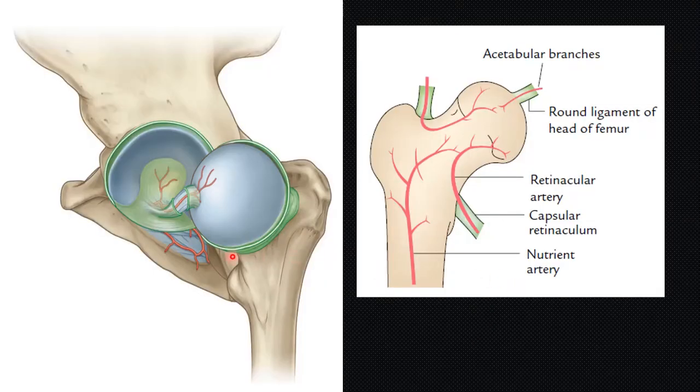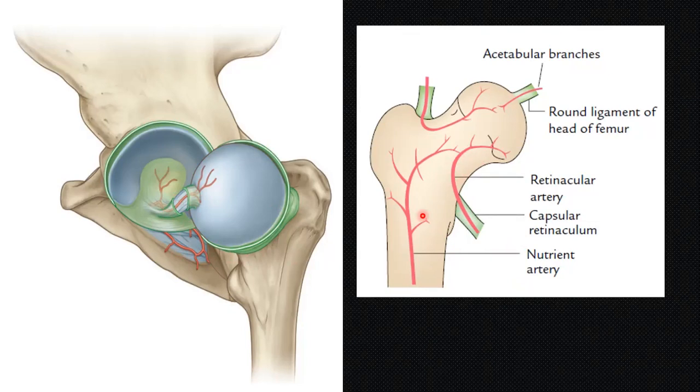So here is the blood supply. You can see this is the ligamentum teres femoris, and within it we have an artery. This is a very important source of blood supply to the head of the femur, especially in children. Then here you can see the retinacular arteries originating from the trochanteric anastomosis and mainly from the medial circumflex femoral artery.